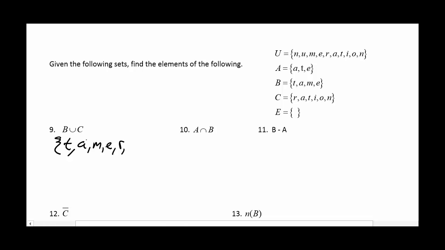I already have an A, so I don't need that again. I already have a T, so I don't need that. I need an I, an O, and an N.